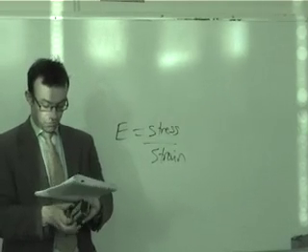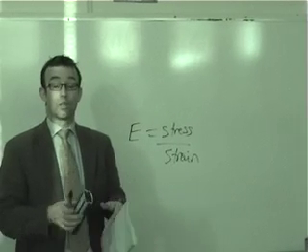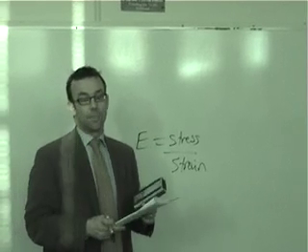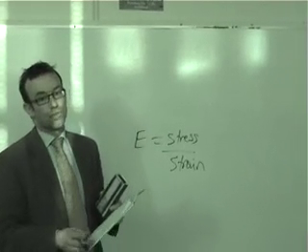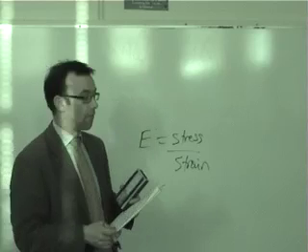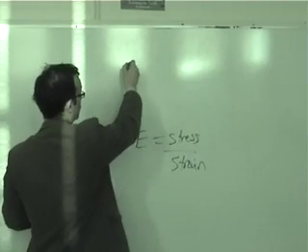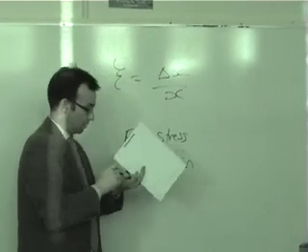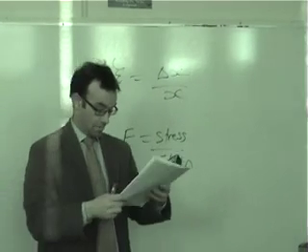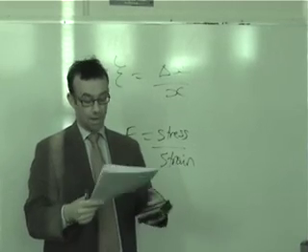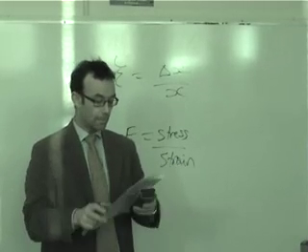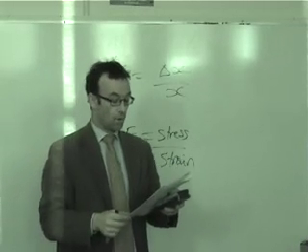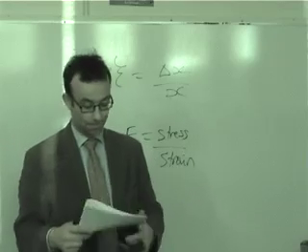You should get an answer for strain of 0.015, and then if you remember, of course, that strain is change in length over original length, you should be able to work out what the extension was in this case here. Part C, Kevlar's a polymer. What's a polymer? Look it up in the book.